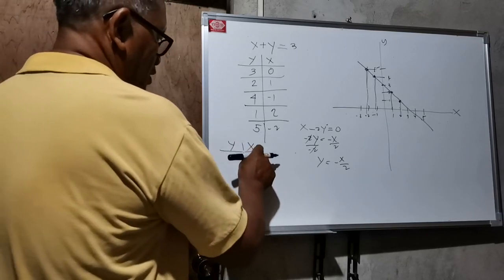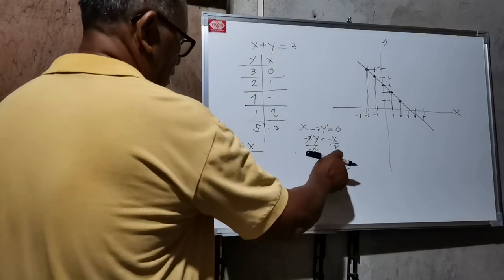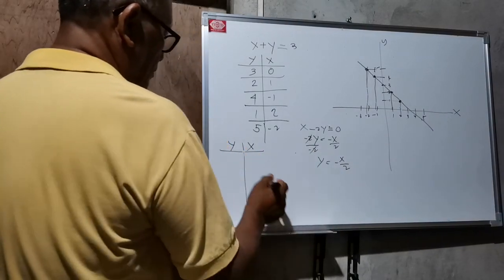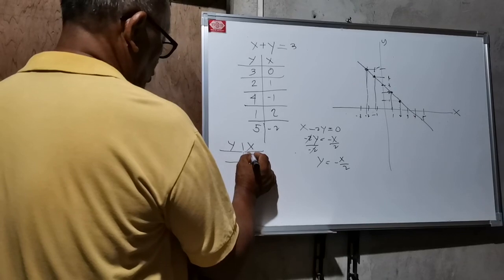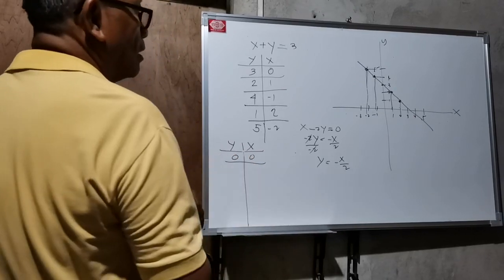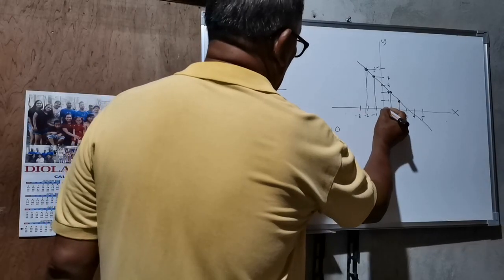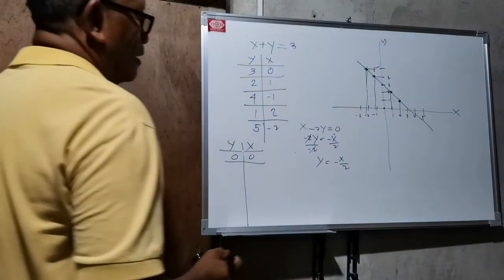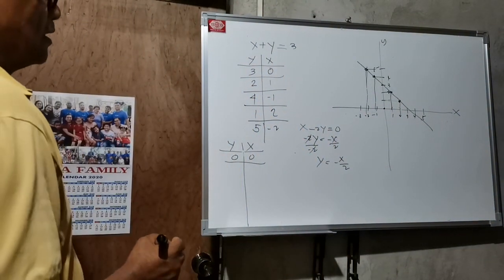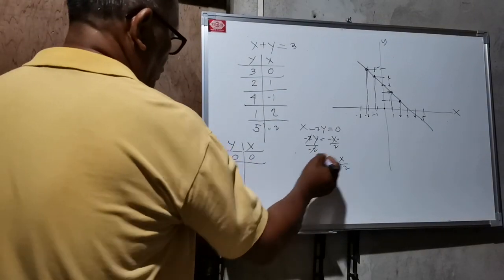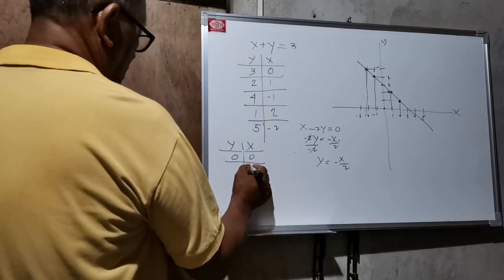If the value of x is 0, any 0 divided by a number is automatically 0. Therefore, the first point is here. And the second point, we are going to assign for the value of x 1.